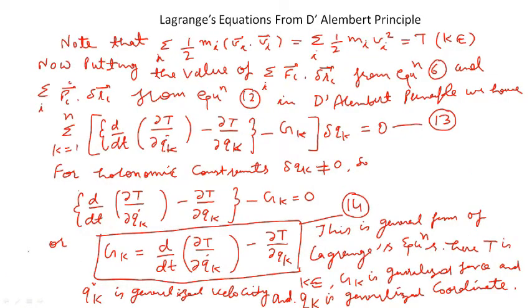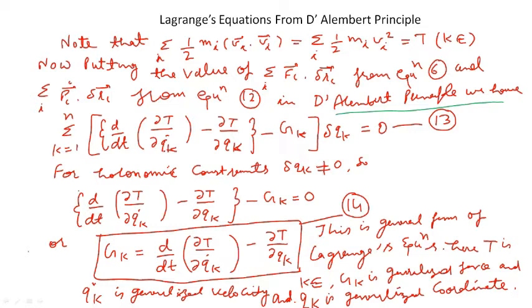Now putting the value of sigma i Fi dot δri from equation 6, and sigma i ṗi dot δri from equation 12, in D'Alembert principle, because in D'Alembert principle you know that there were two terms. One was sigma i Fi dot δri, and the second was sigma i ṗi dot δri, right?